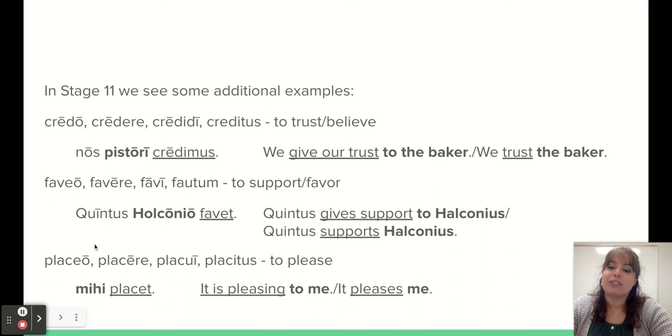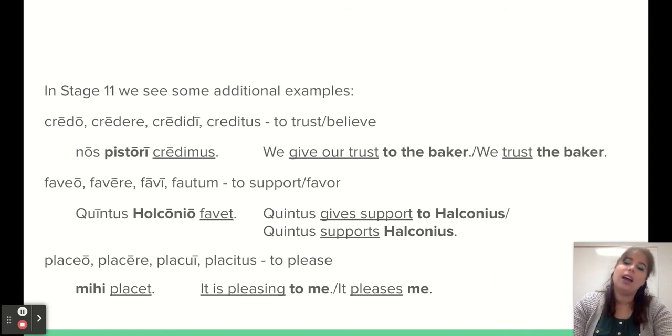So with these three verbs especially, you're going to see a dative noun kind of in the place of an accusative direct object noun, versus with our verbs that we saw previously, like do, dare, dedi, datus, our verb to give or like to hand over, to show. In those ones, you're going to see an accusative direct object and a dative indirect object. I give something to someone.